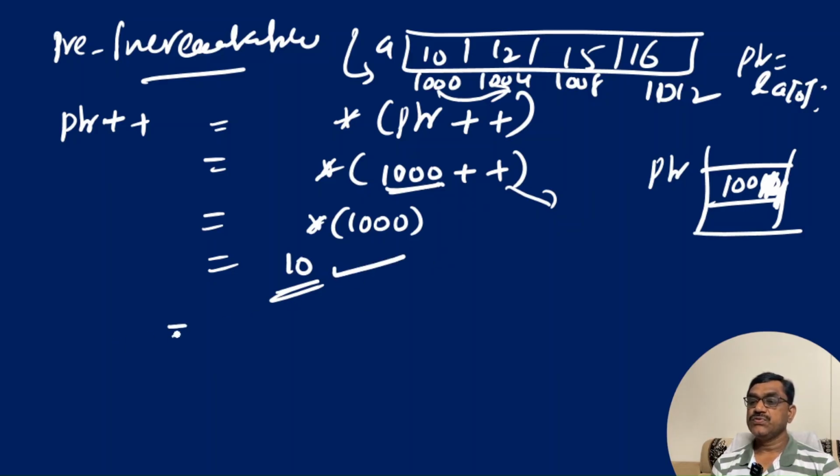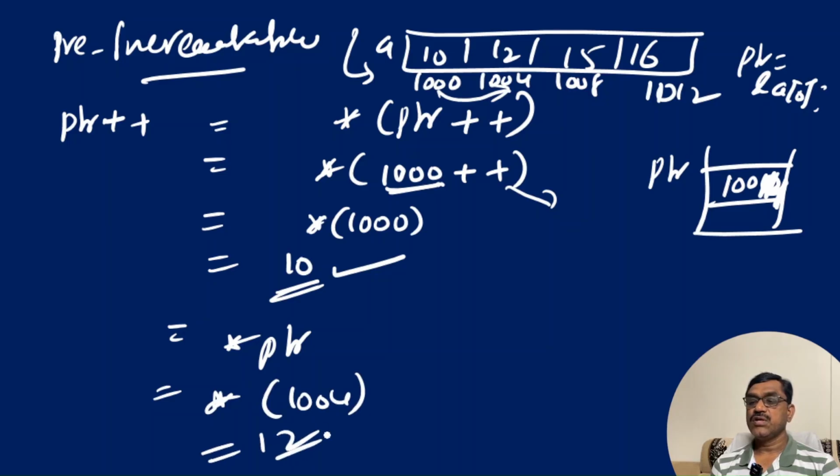In the next line, if you use star of ptr again, it is going to give star of 1004, meaning we get the value 12. That's how we perform the post-increment operation. Now, what about the pre-increment? If I say plus plus of ptr, first the incrementation is done.